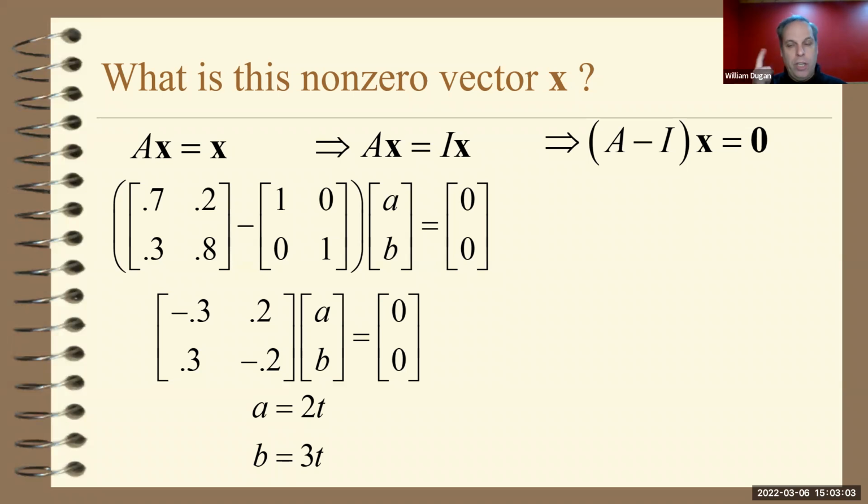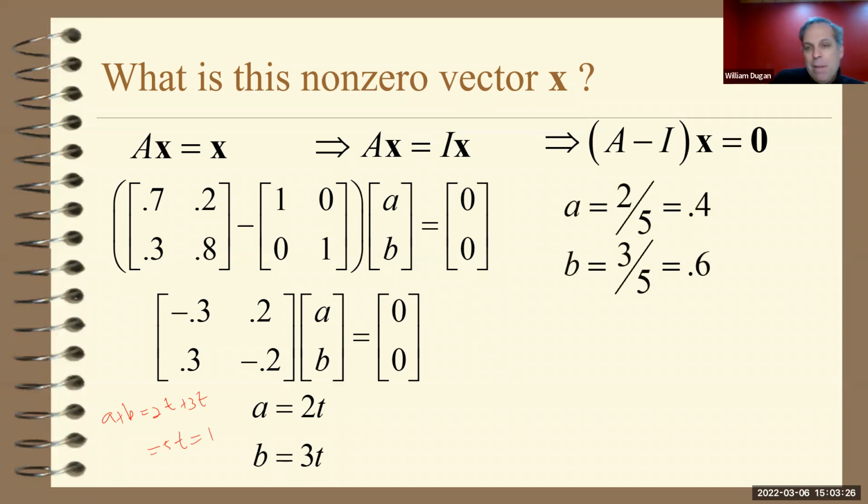But we're interested in the solution where these entries, a and b, add up to 1. So if a and b are going to add up to 1, that would imply that a plus b would equal 2t plus 3t. That's 5t, but that has to add up to 1. So t here must be a fifth. So then I'll use t as a fifth to find out what a and b must equal.